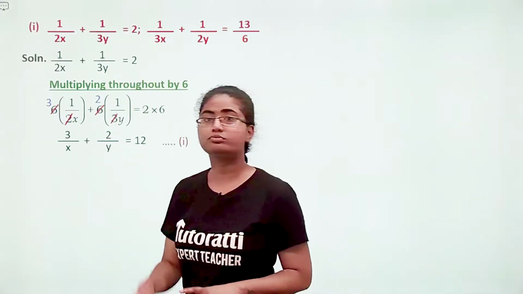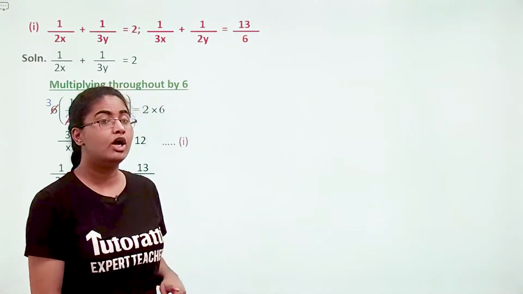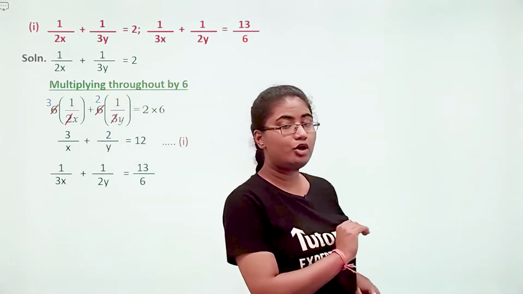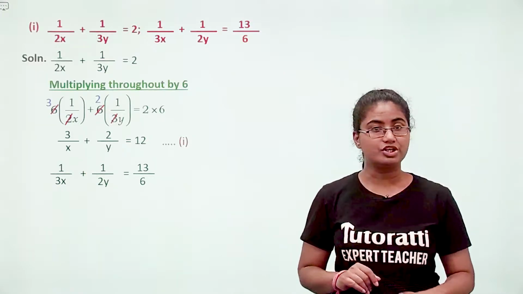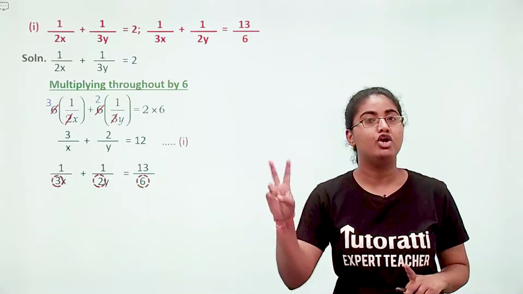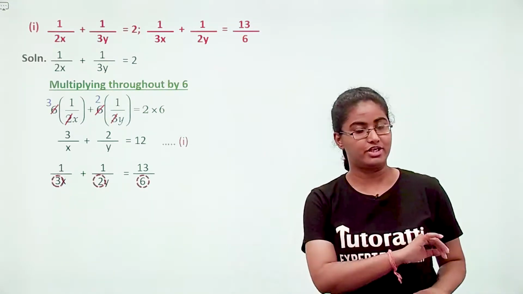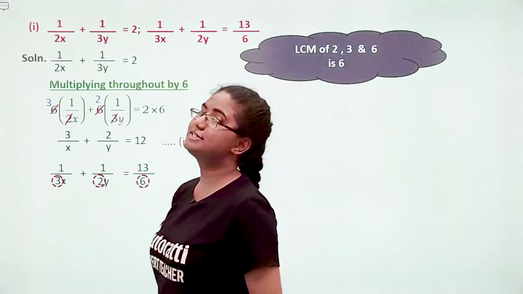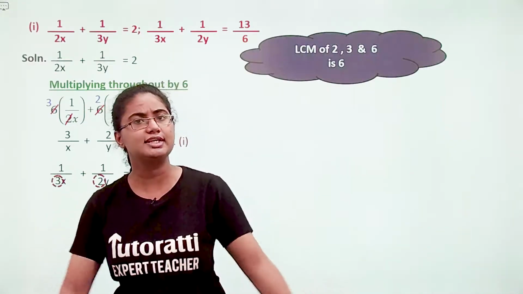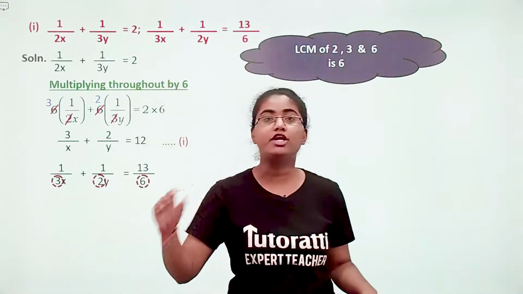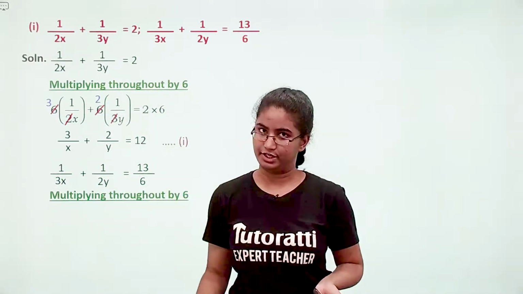Equation 2. 1 upon 3x plus 1 upon 2y is equals to 13 upon 6. Numbers कौन से है? 2, 3 and 6. 2, 3 and 6 का LCM क्या होता है? 6 again. So we multiply the entire equation with 6. Okay.